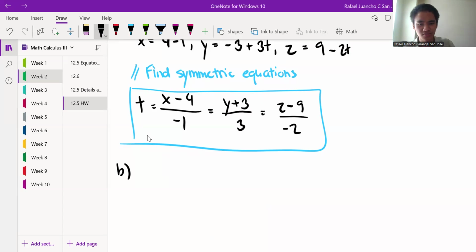Now, this is a little tricky. Here we want to find the points in which the required line in A intersects the coordinate planes. Looks tricky, but perhaps it's not.